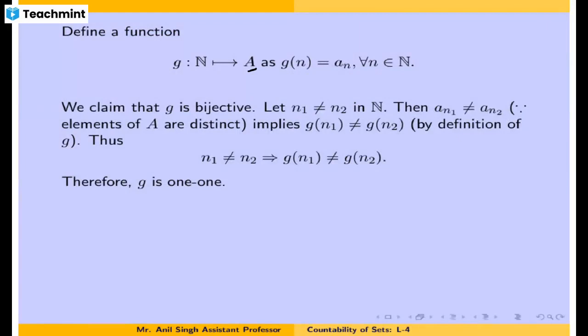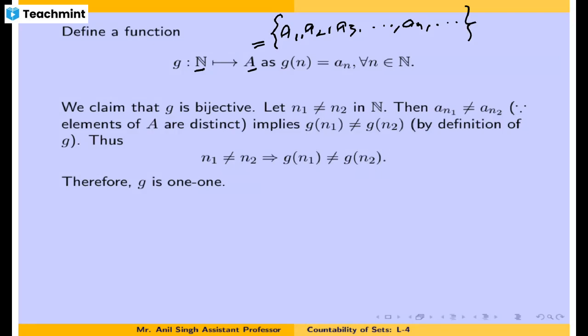For each natural number n, since A has the elements a1, a2, a3, an, and so on, for n you have a sub n, and this a sub n is the image of n.